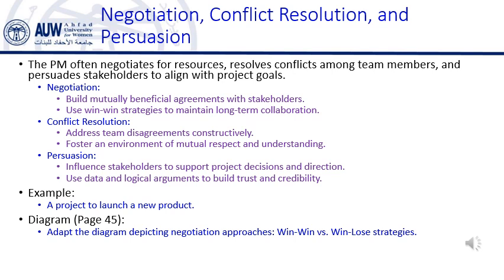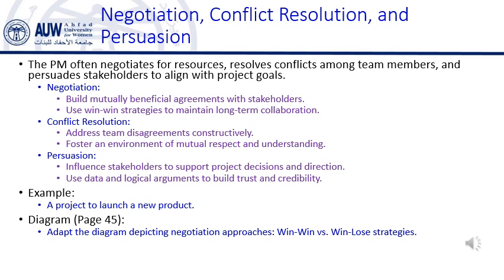Challenges in negotiation, conflict resolution, and persuasion. While these skills are critical, they can also present challenges. Here are a few common obstacles PMs face. Strong differences in interests. Negotiating with parties who have opposing interests can be difficult.